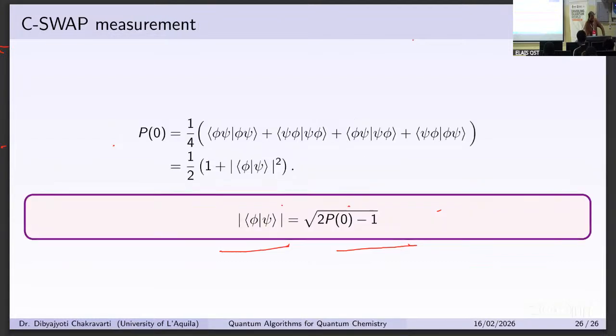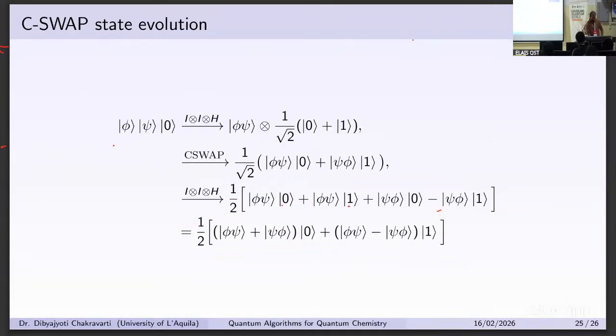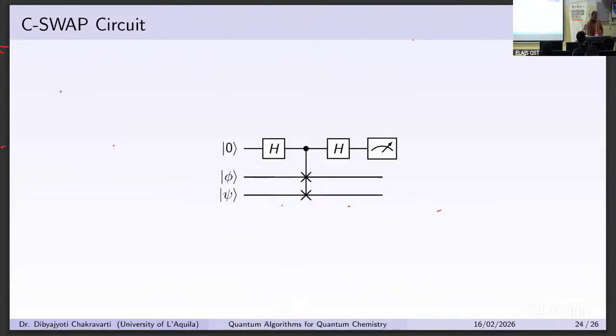And what we have finally is 1 plus phi psi square. When we measure 0, we have 1 plus phi psi square. So basically, let me just recap. At the 0 register, when we measured the final ancilla register, that is this one, we can get either 0 or 1.